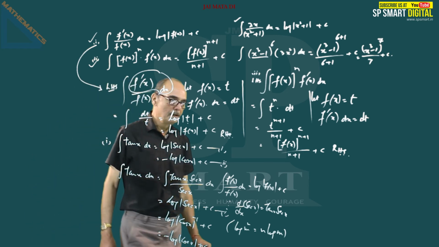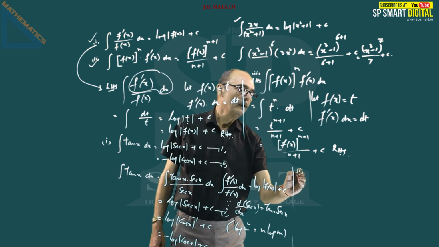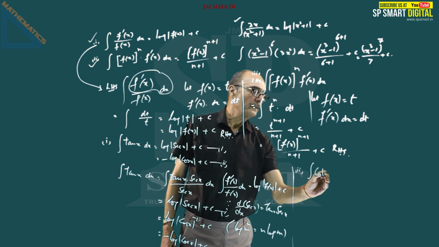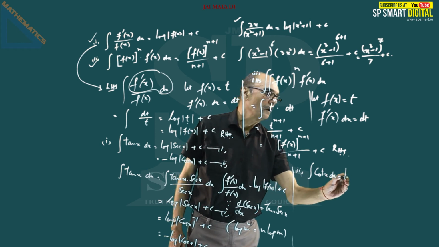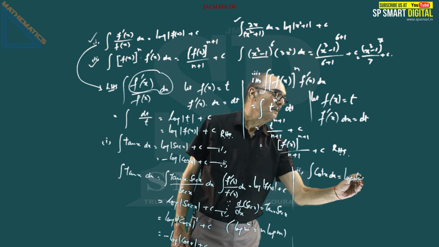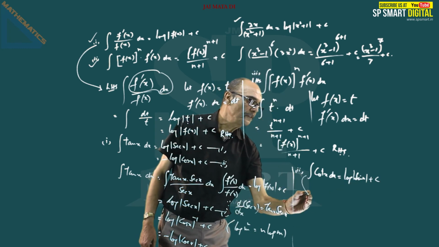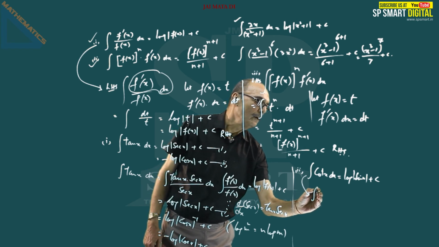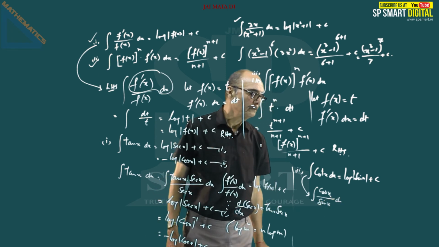Then the second result in this case is integral of cot of x dx is log of sin of x plus c. If you take the left hand side, this is integral of cos x upon sin of x dx.